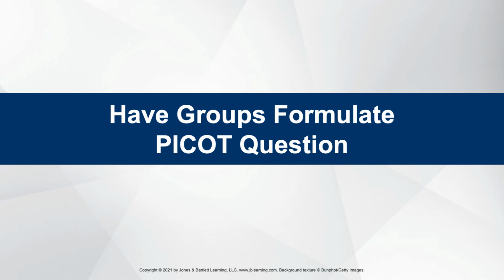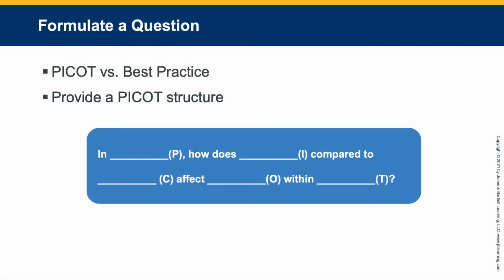Next, you want to have them formulate a question. Up until about 2 years ago, I always went with the PICO question. The problem I found is that it's really forced for some of the scenarios. So now I have them do a PICO or a best practice question, like what is the best practice for acupuncture and opioids in a pain clinic, and the students are able to wrap their minds around that better.